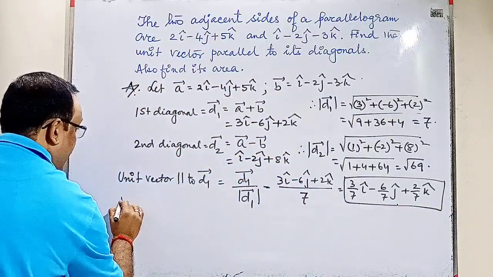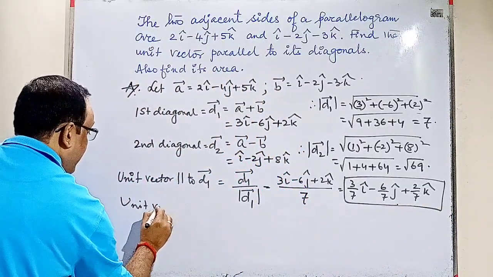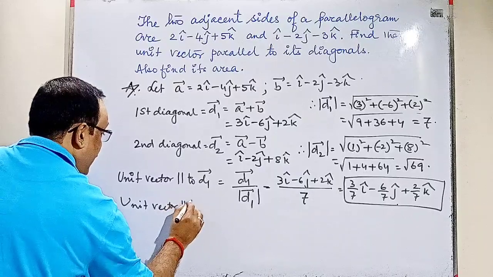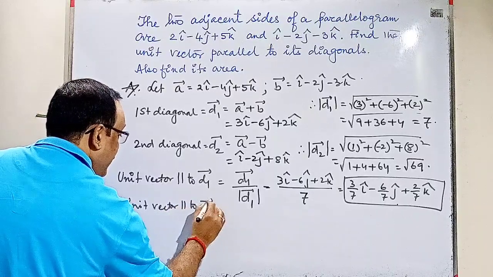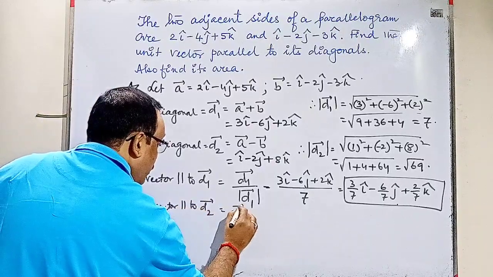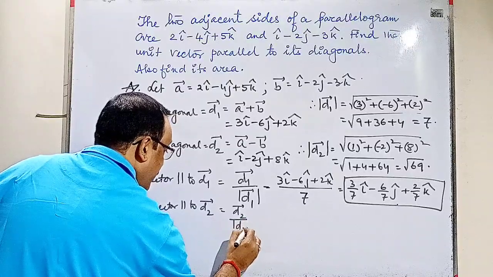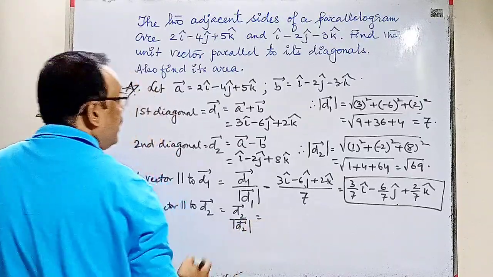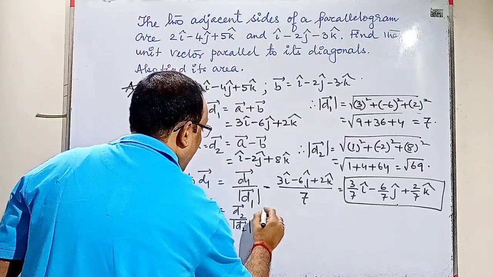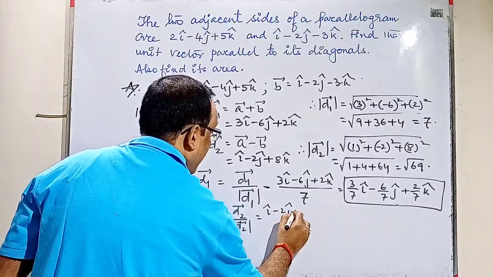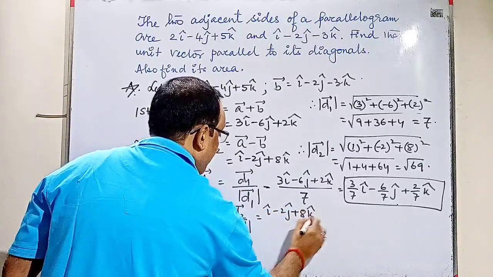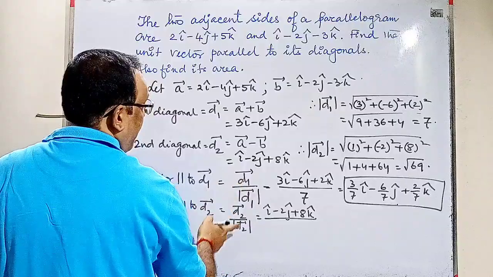The unit vector parallel to D2 will be equal to D2 by modulus of D2. So D2 is i minus 2j plus 8k, divided by the magnitude of D2.